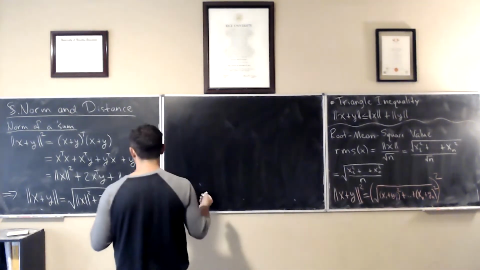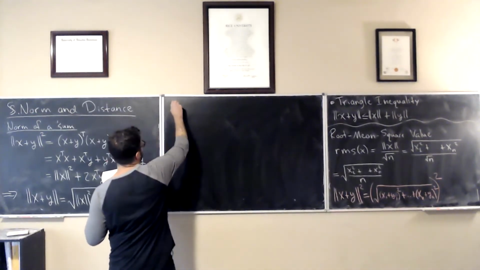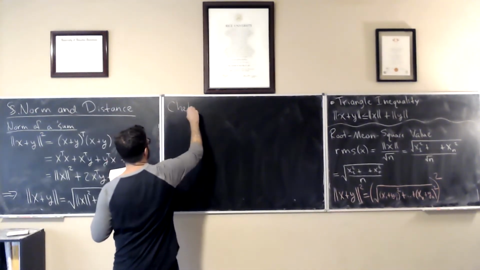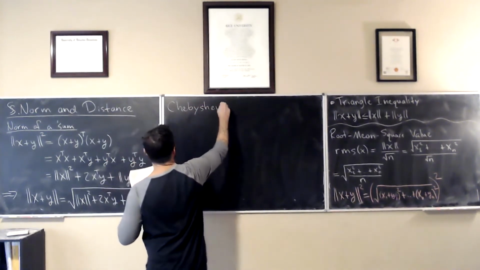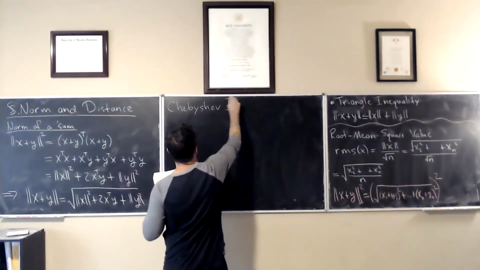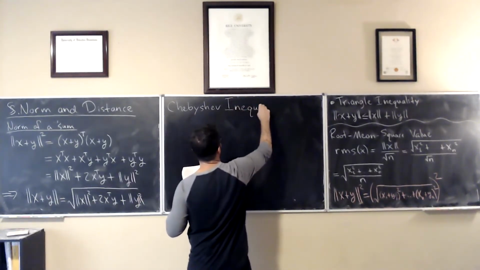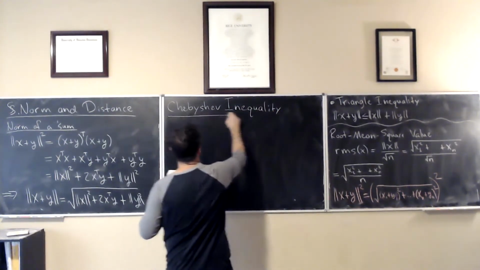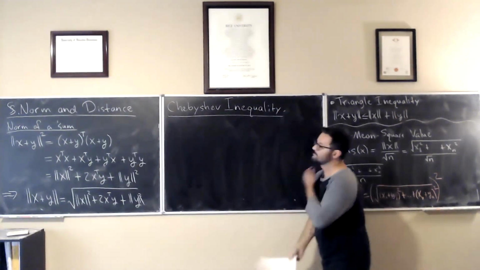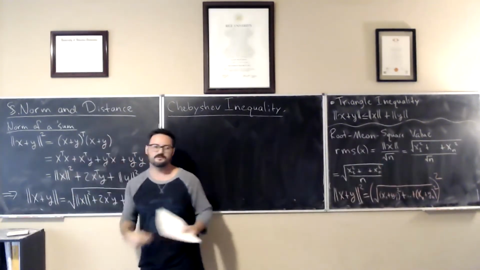And we can do that by looking at this Chebyshev inequality. And maybe this inequality will be a better illustration of why knowing how to manipulate these quantities is useful.